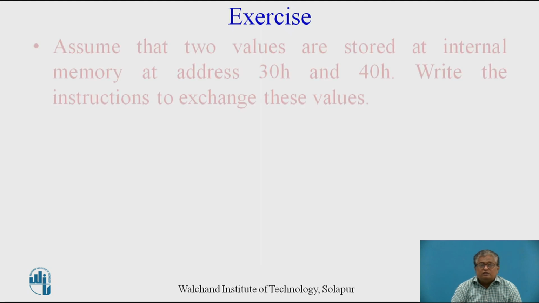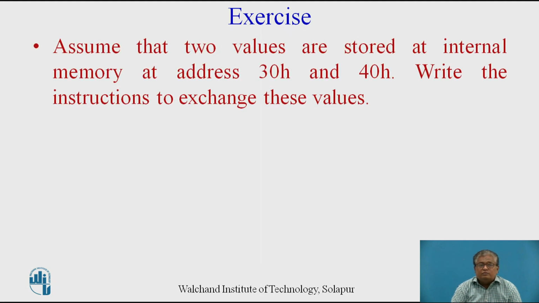Exercise. So assume that two values are stored in internal memory at addresses 30H and 40H. Write the instructions to exchange these values. So pause the video and write the instructions to exchange these two values stored at addresses 30 and 40 respectively.